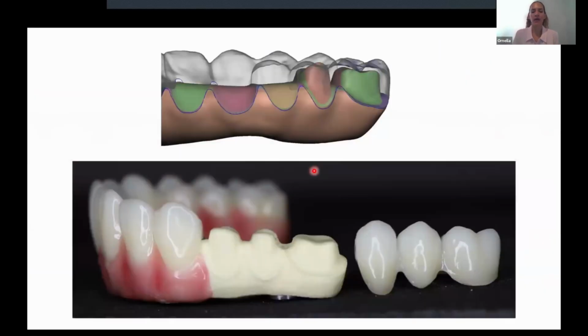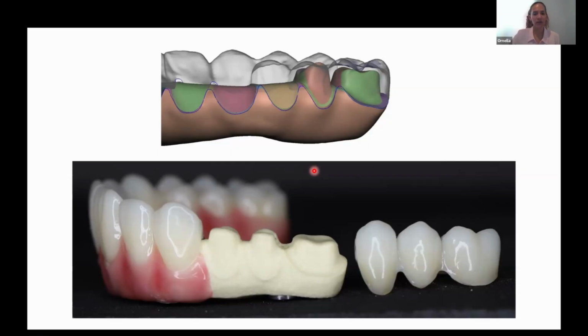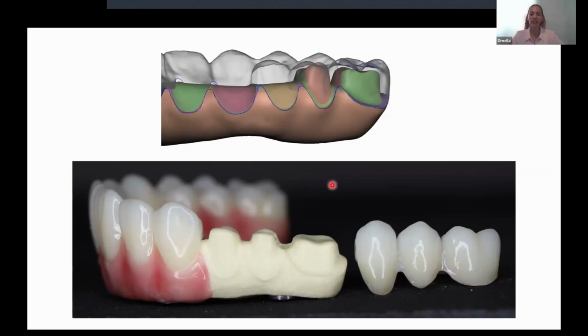Also, another type of solution could be thimble bars. This type of solution is used a lot in the USA, okay? Because they say it's easier if they have to solve any issue in the future, because they have a complete structure and they only mill crowns and do it in separated bridges.